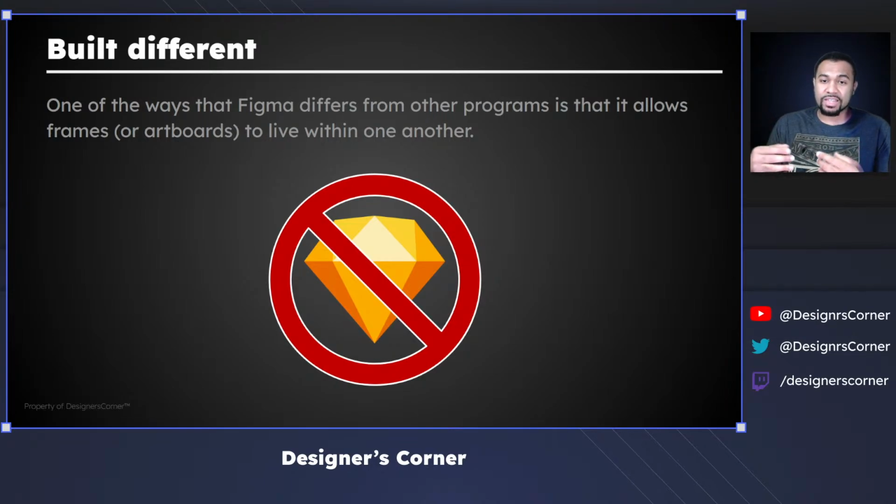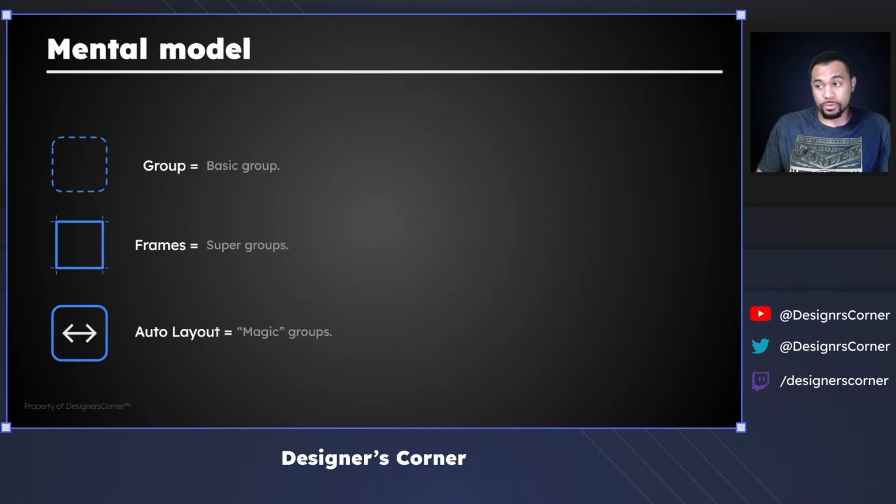Sketch actually fixed that bug and made it so that artboards wouldn't capture overlapping artboards anymore. Figma is built in the exact opposite direction, where they allow that. They want you to put frames on top of frames on top of frames. That's basically what we're working with, where we're not dealing with artboards with limitations like that. We're dealing with frames that are groups that allow you to group groups together, group other groups with other groups.